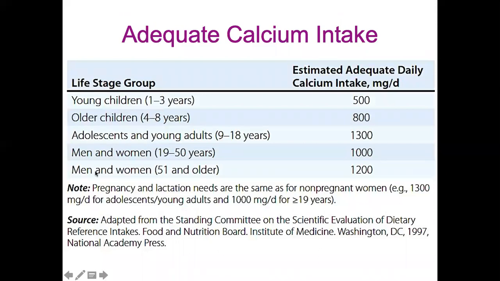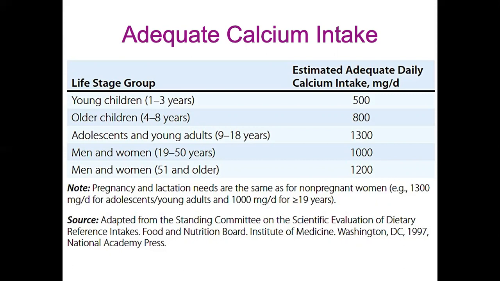So for most people, men and women, you just need 1,000 milligrams of calcium per day. But in men and women 51 and older, you need at least 1,200 milligrams. In a tablet of Caltrate, you will have 600 milligrams of calcium.